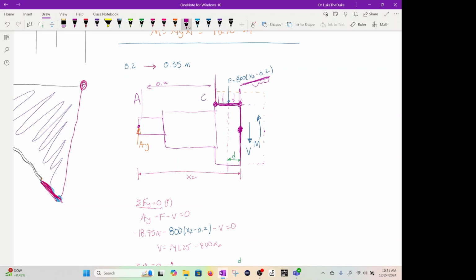If we sum the forces in the Y, we get AY minus F minus V, so negative 18.75, because it's negative from our calculation, minus 800 times x2 minus 0.2, minus V. Then we rearrange and solve for our shear force at that location. This is going to be the shear force from 0.2 to 0.35.